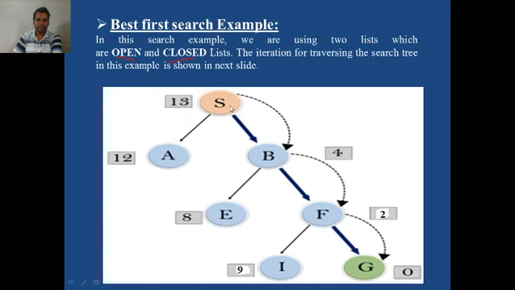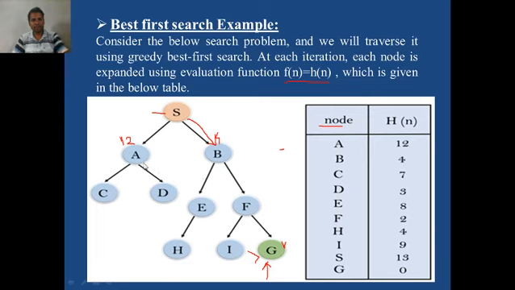Okay, this is what is written here. 13 is the cost of S, and 12 is the cost of node A, and 4 is the heuristic cost of node B. So as node A has a higher cost, we will not explore this node A. So there is no use of these two children of node A. So that's why node A will be kept in which list?